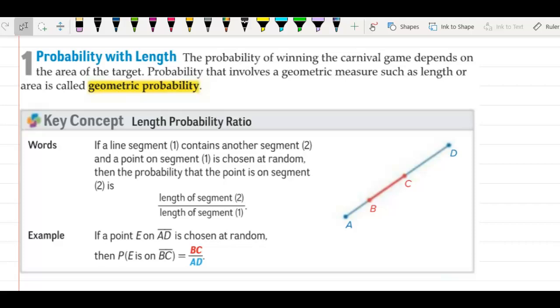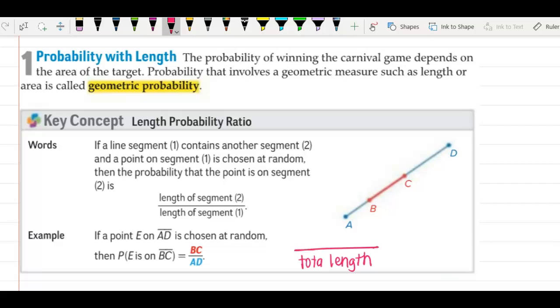So let's say we had this segment here, AD, and we wanted to find the probability that, all right, we're going to put another point, maybe a fifth point somewhere on this segment. What's the probability that it would actually land between points B and C? So this equation's a little confusing. So really on the bottom, just like we want total number of outcomes, for this we would want the total length of the segment.